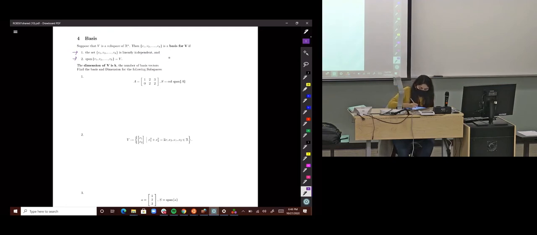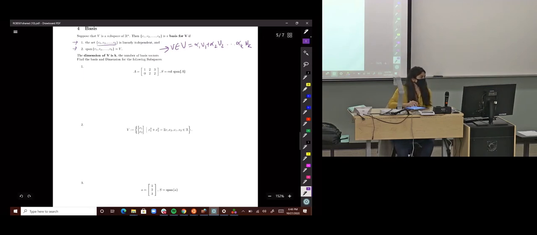which basically means any element in V can be written as alpha 1 V1 plus alpha 2 V2 to alpha k Vk. If we can prove this, and we can prove that all of them are linearly independent, then the set that we have is indeed a basis for subspace V. And the dimension of V is then the number of basis vectors that you can find.